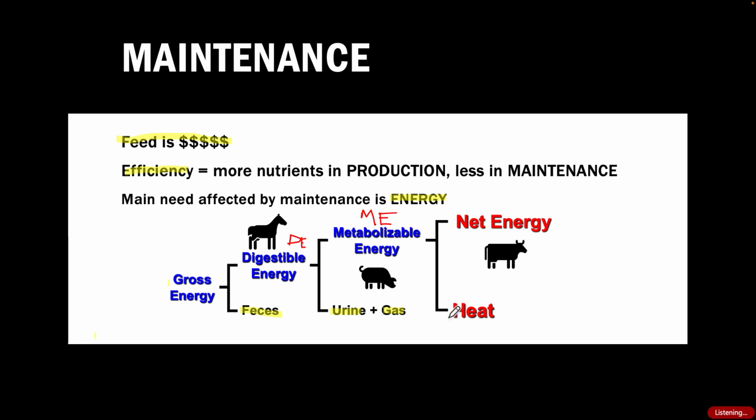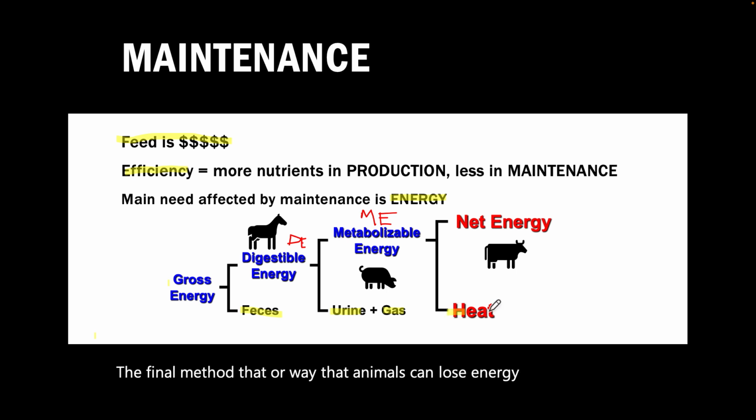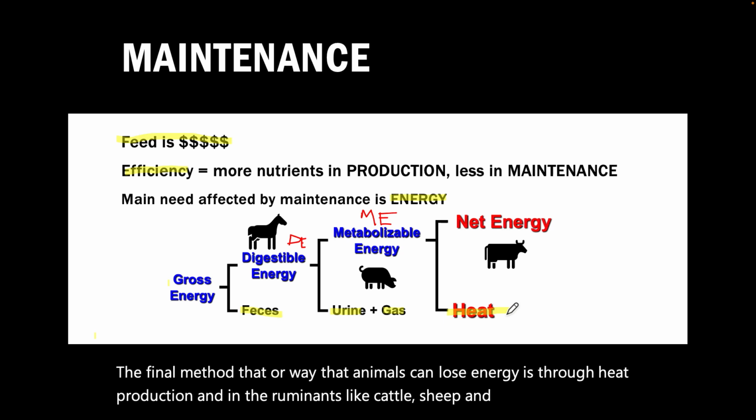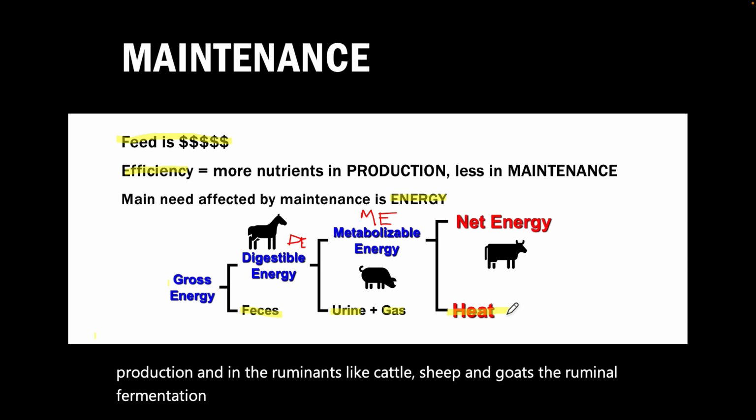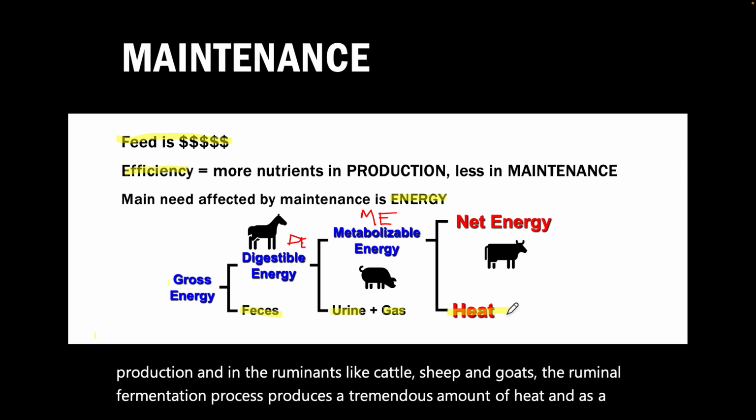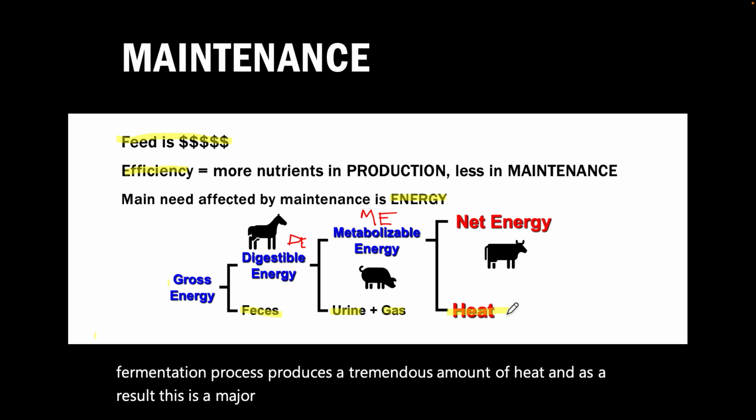The final way that animals can lose energy is through heat production. And in the ruminants, like cattle, sheep, and goats, the ruminal fermentation process produces a tremendous amount of heat. As a result, this is a major factor in wasted calories.